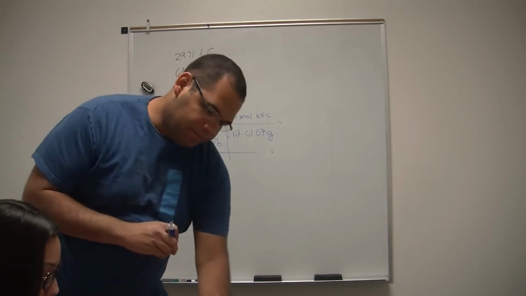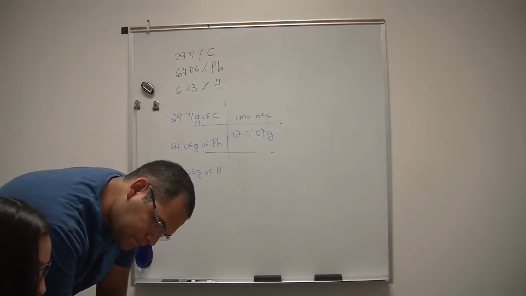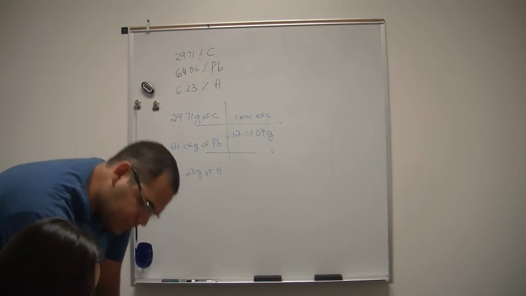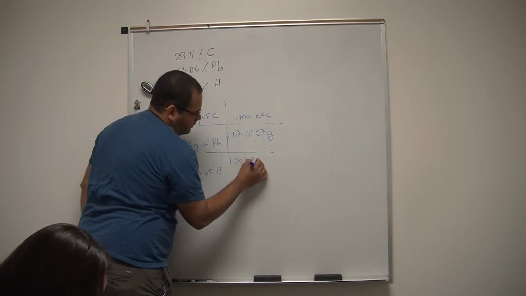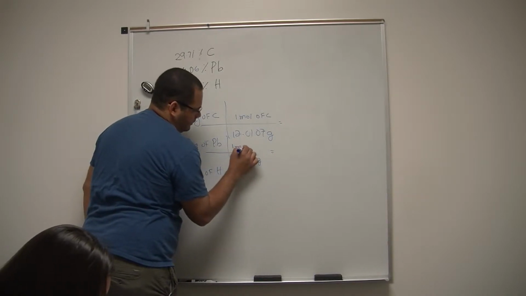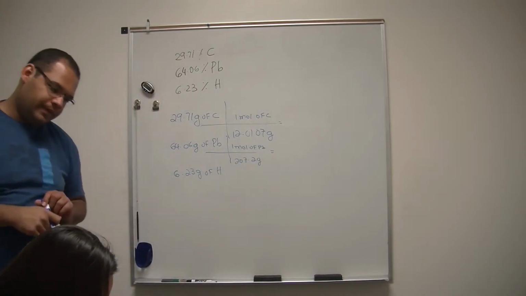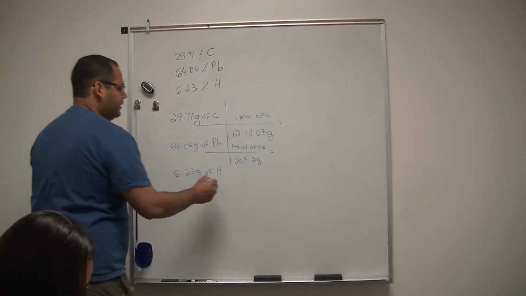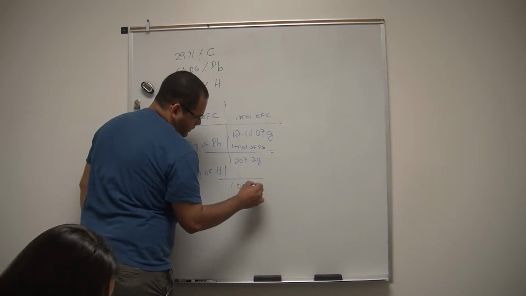Lead will be 207.2 grams. And hydrogen will be 1.00794.